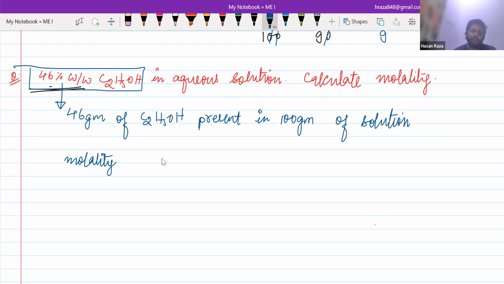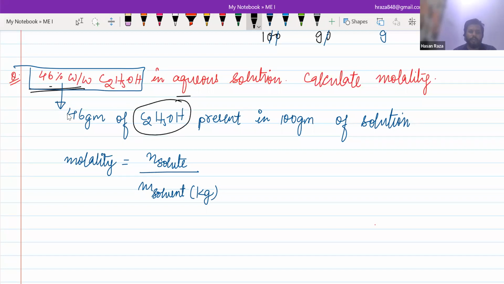Molality is equal to number of moles of solute upon mass of solvent in kg. As this is your solute, you can easily calculate the number of moles of solute, equal to given mass, which is 46 gram, over the molar mass of C2H5OH, which is 46.